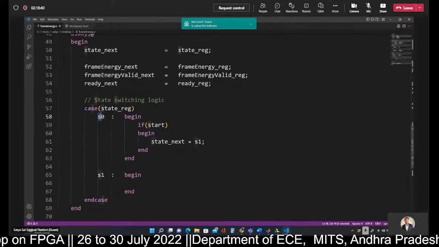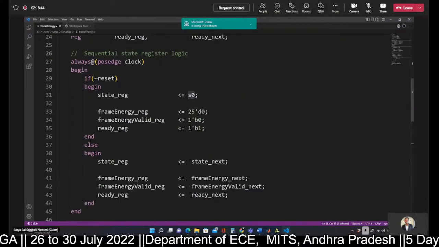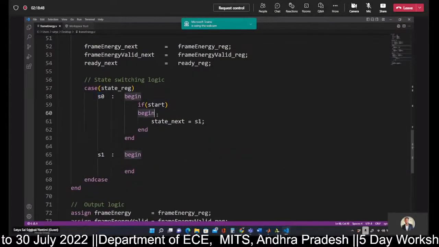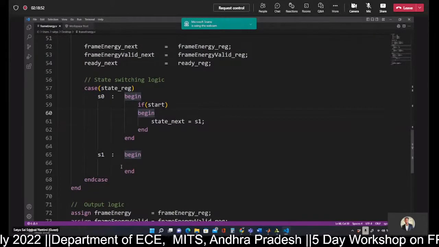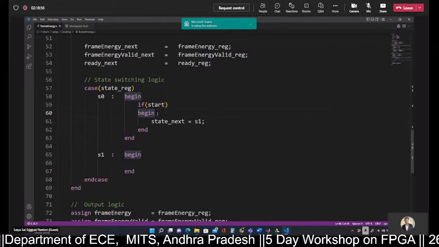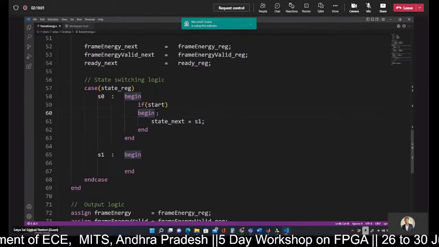When the FSM is in the S0 state, the ready output is logic high, since it is in the idle mode. When it is jumping to the S1 state, it is entering into the computation phase. In the computation phase, if you want to know the status of the ASM, the status should be busy.